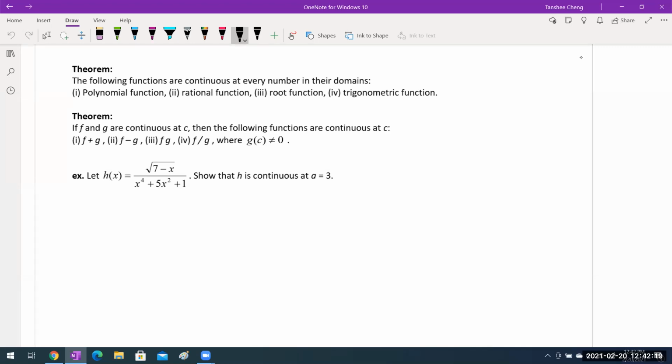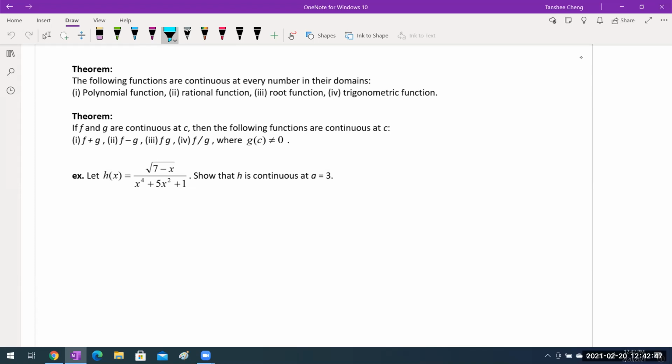However, on the exam, you need to be careful and read the questions very carefully. If I ask you to verify or prove the continuity by definition, you have to show the work like I did in the previous examples. The theorems basically allow us to verify a lot of functions a lot easier and faster.